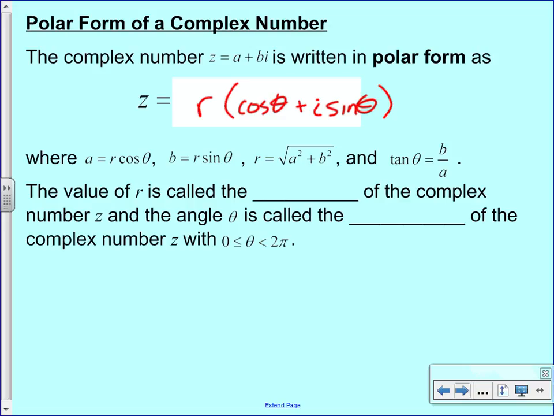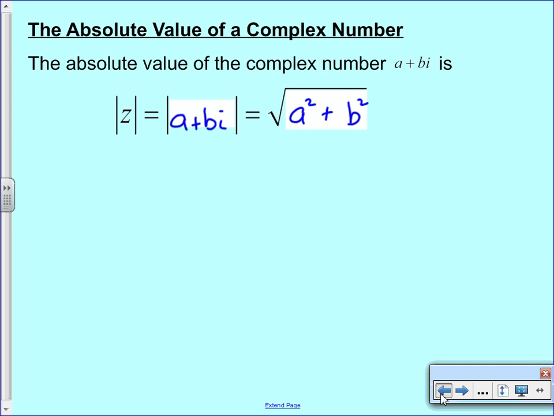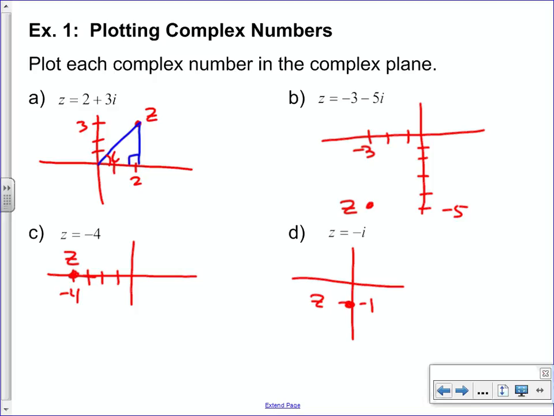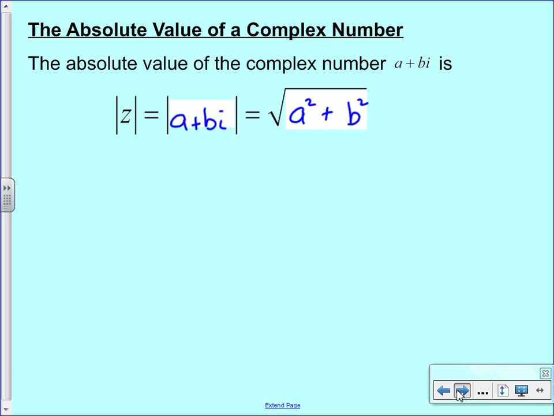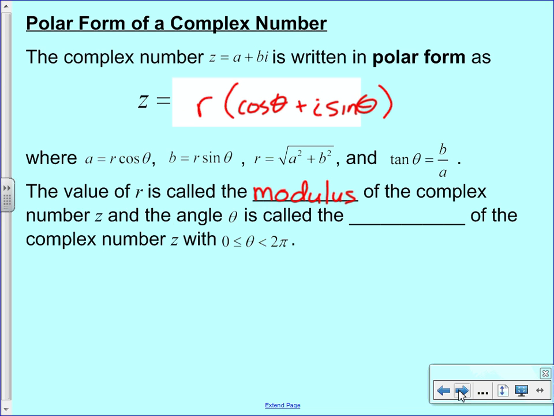The value of r is called the, what was that word? Modulus. And the angle between, let me go back to that first picture, right? So you have this angle right here, theta, between the x-axis and the modulus, which is called the argument.